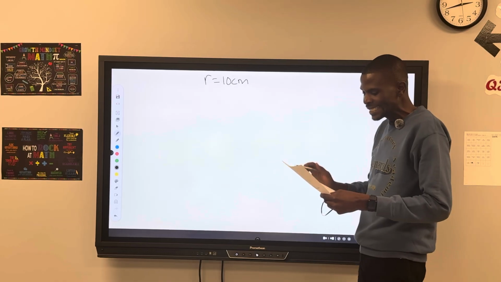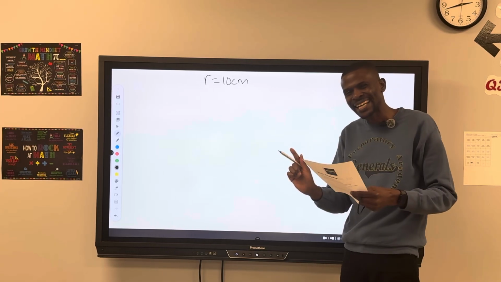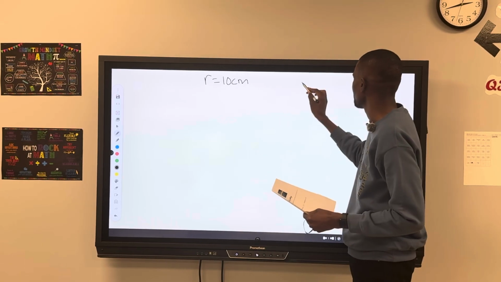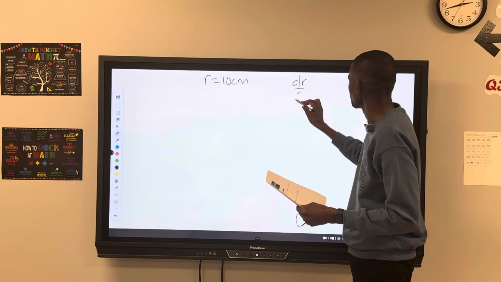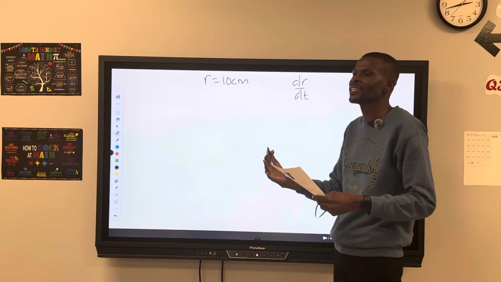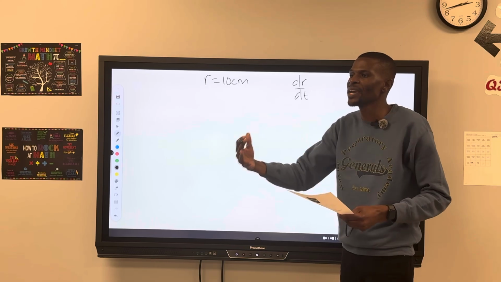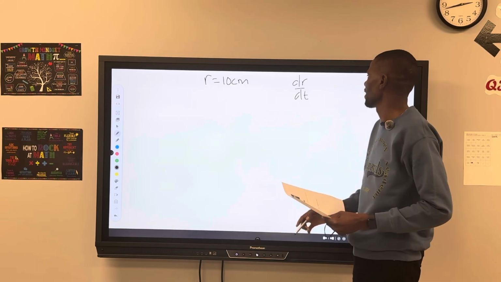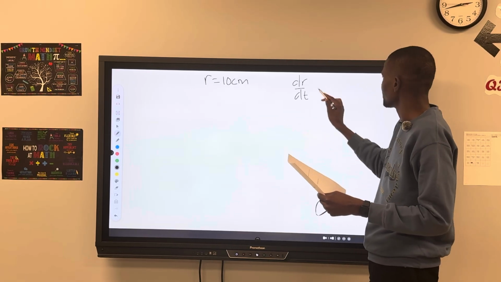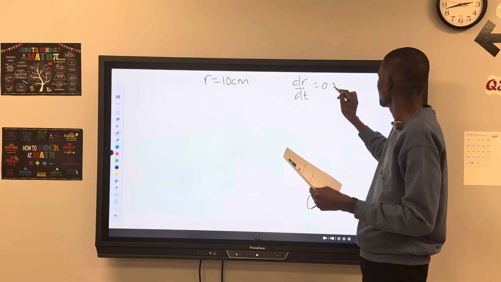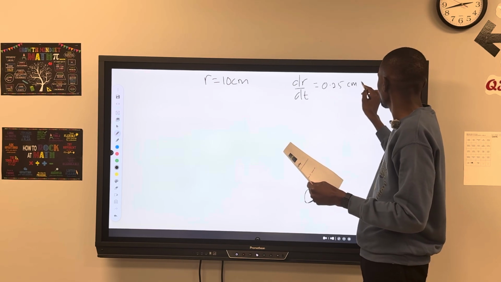Then it is increasing. What is increasing here is the radius, so dr, the radius with respect to time. If there is an increase or a decrease of something, we are comparing it with respect to time, right? So dr/dt is equal to 0.25 centimeters per second.